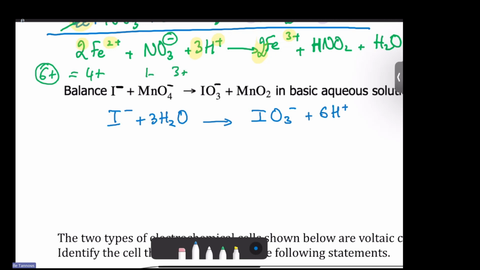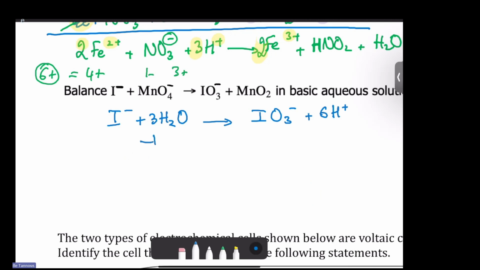Now it's the time to balance the charges. So you count. On this side, that's the only charge available. And on this side, there's 1 minus, and there are 6 pluses. So 1 minus, 1, 2, 3, 4, 5, 6. So it is 5 plus on this side.